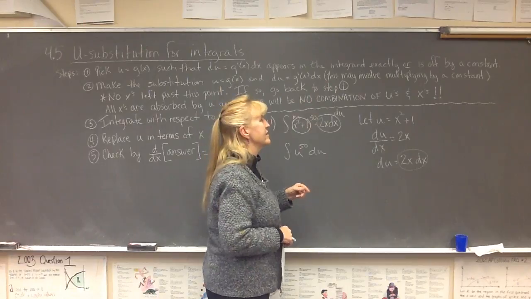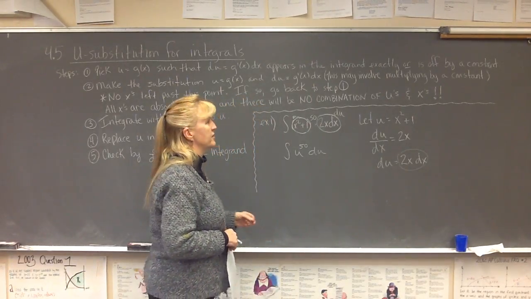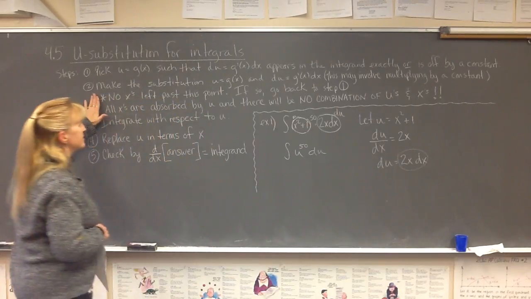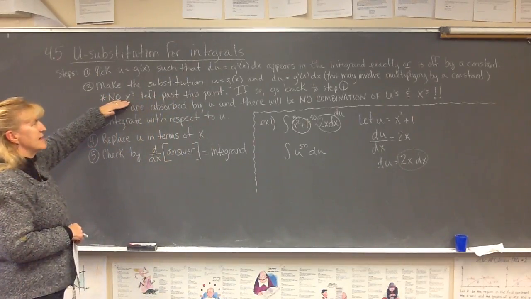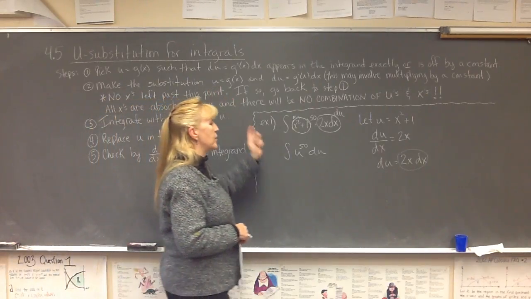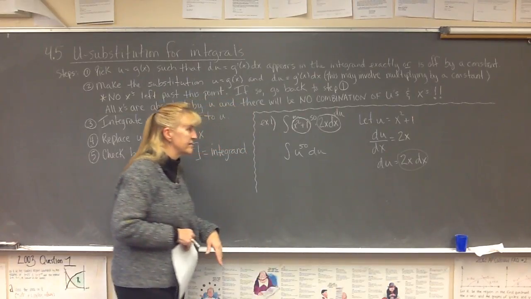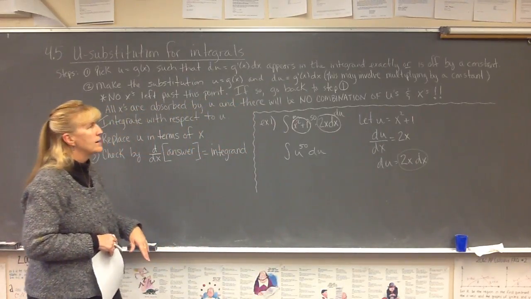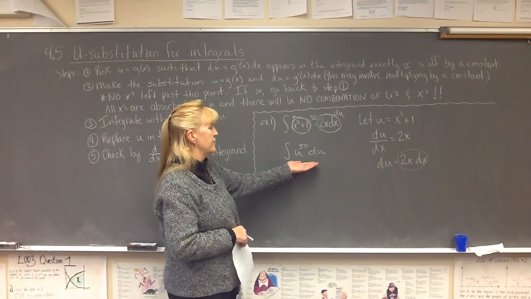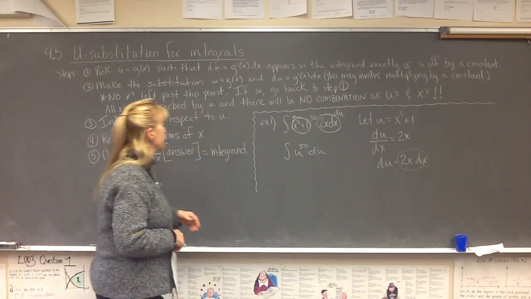Now, in parentheses, it says this may involve multiplying by a constant, and that'll be in a future example. So at this point, we should have no x's left. If so, we've got to go back to step 1 because something else went wrong, and we've got to rethink our process that we started with. We have no combination of u's and x's. This right here is all u and du, no x's in here.